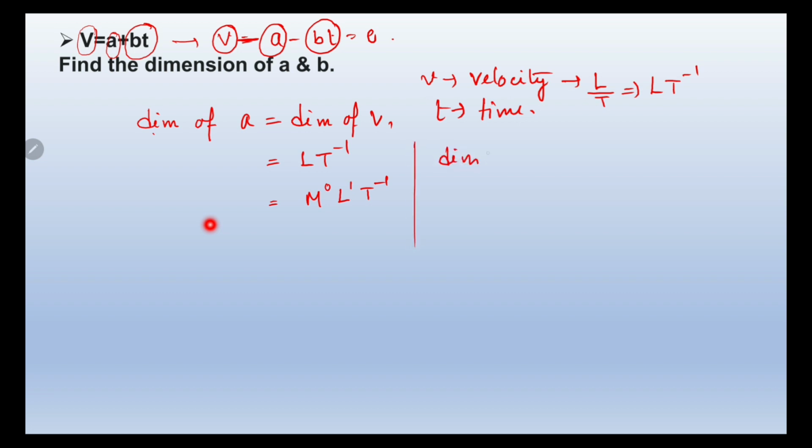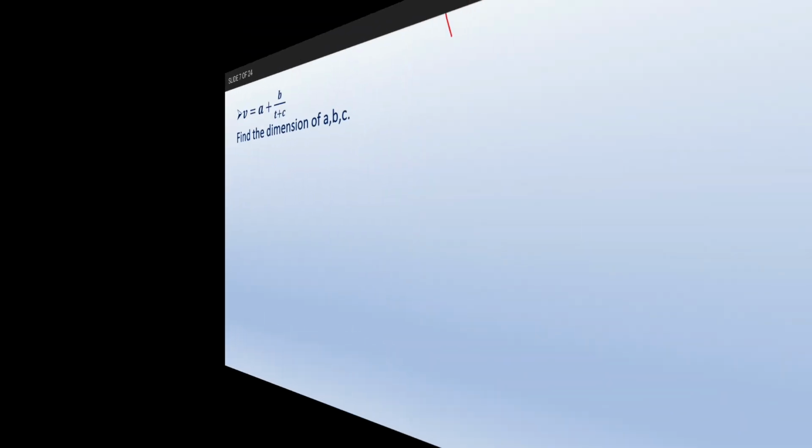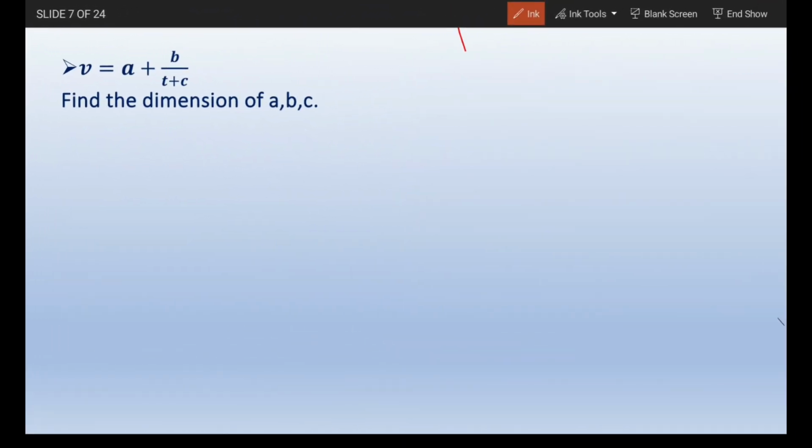The dimension of b into t equals the dimension of v, so the dimension of b equals L T to the power minus 2. So the dimension of a is M0 L1 T minus 1, and the dimension of b is M0 L T to the power minus 2.